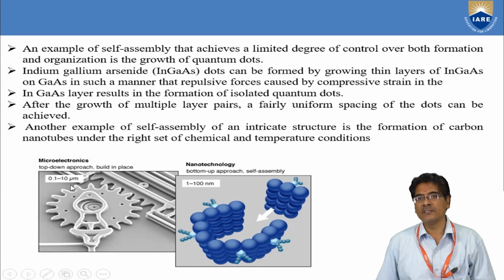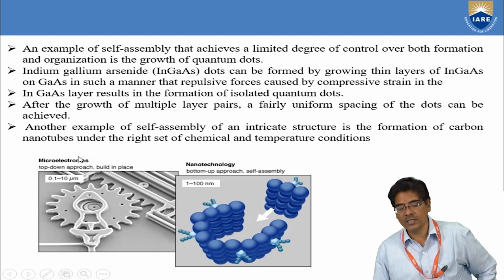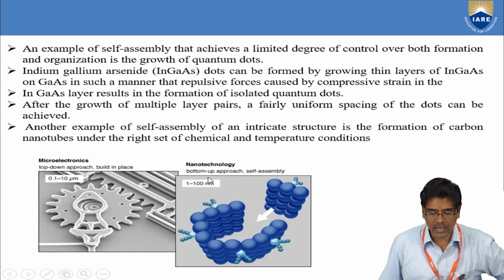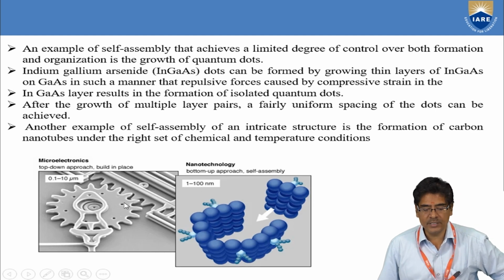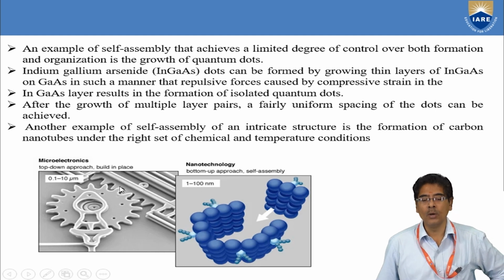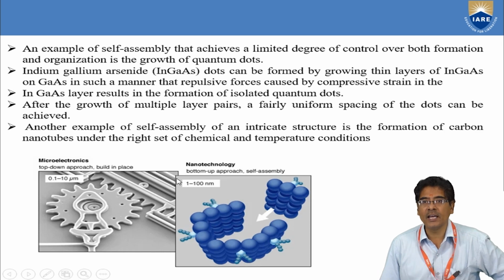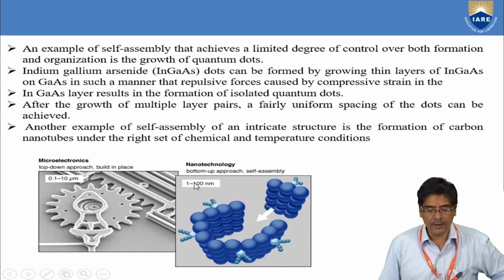So this is the difference that we observe between microelectronics and nanotechnology. Microtechnology, the top-down approach, has a building space of around 0.1 to 10 micrometers, whereas in the bottom-up approach of self-assembly, we can observe nanoparticles ranging from 1 to 100 nanometers.